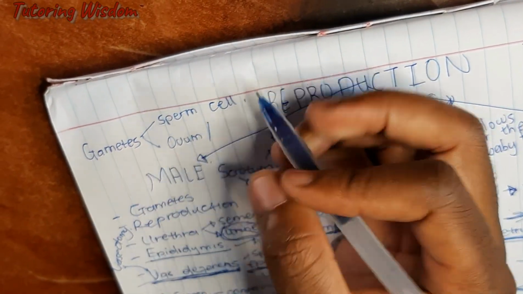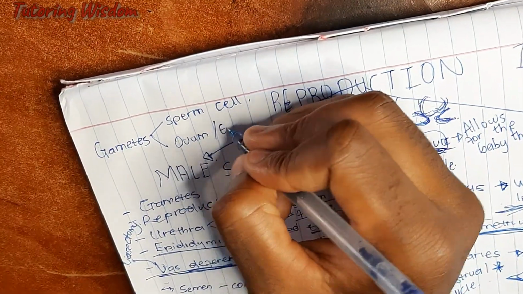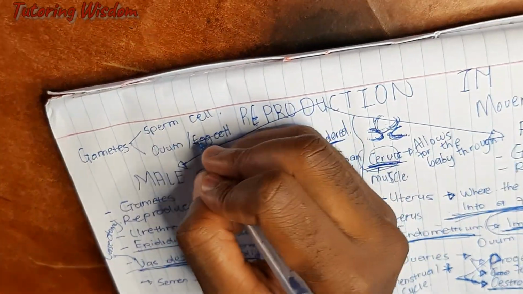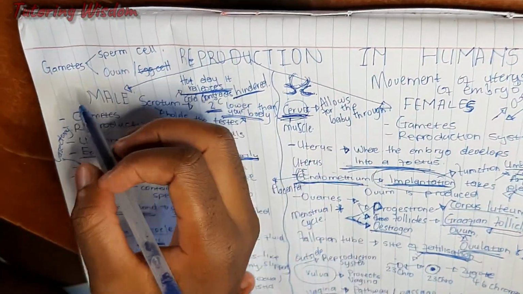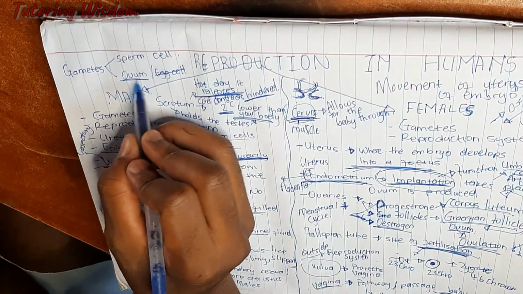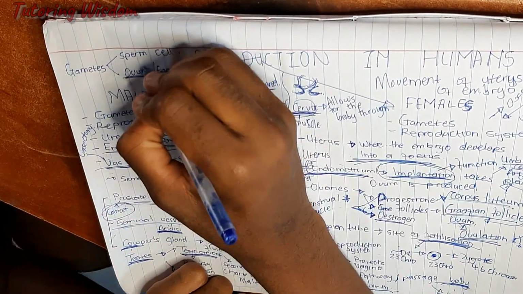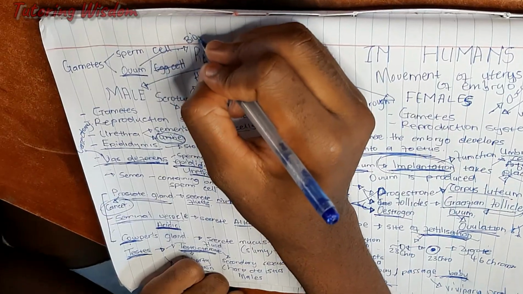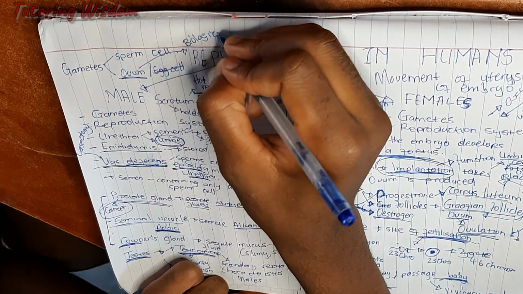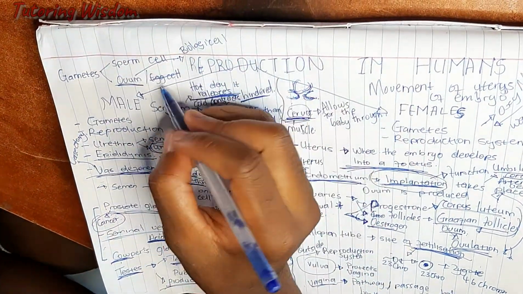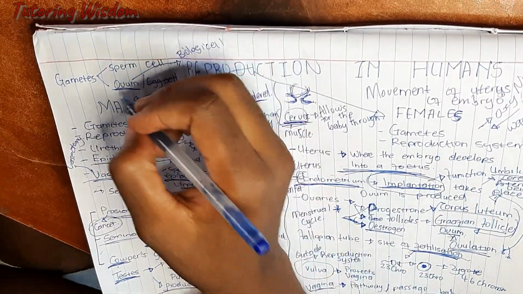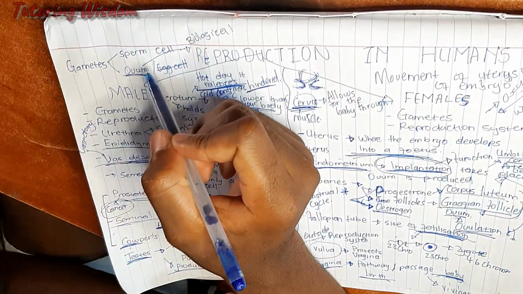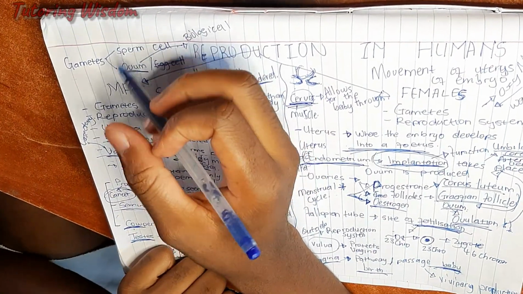Remember, refrain from using egg cell, but use your ovum. Wherever they ask you to, name it using its biological term. Use ovum. Egg cell cancelled. Those are the two parts you have to know. Your gametes are your sperm cell and ovum.